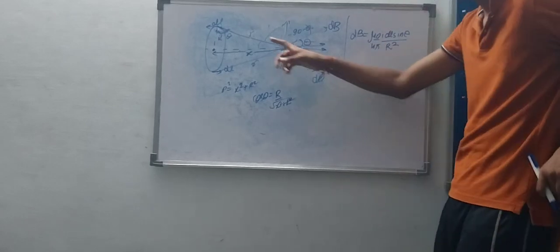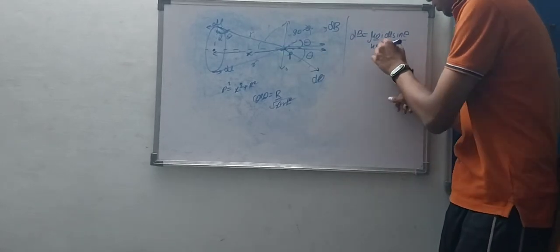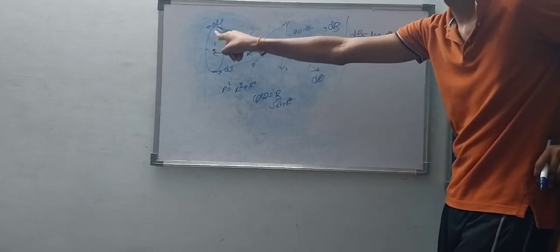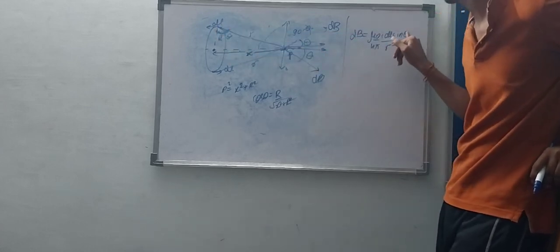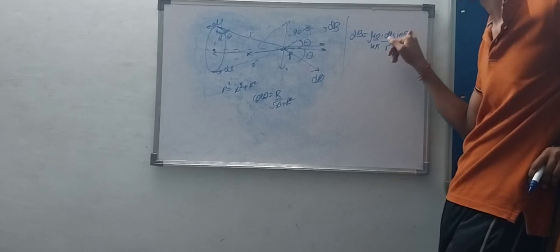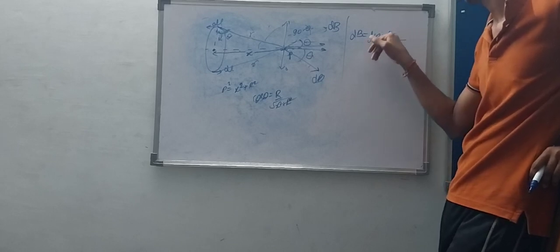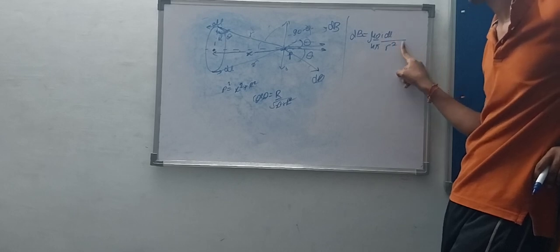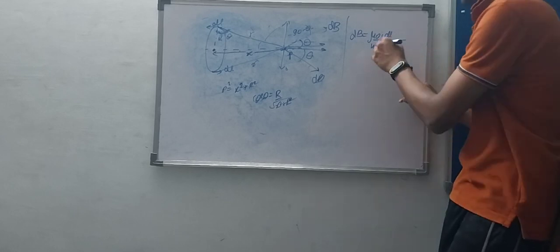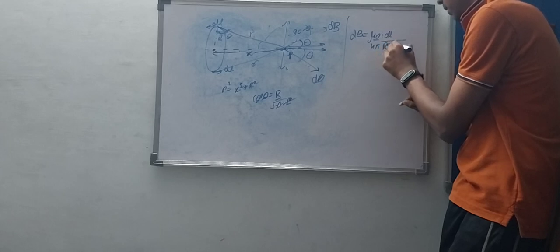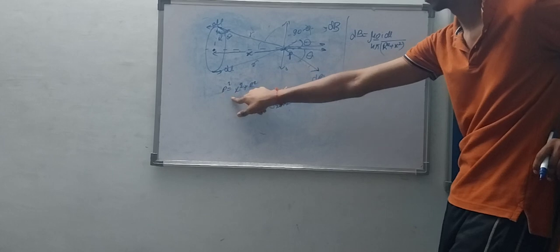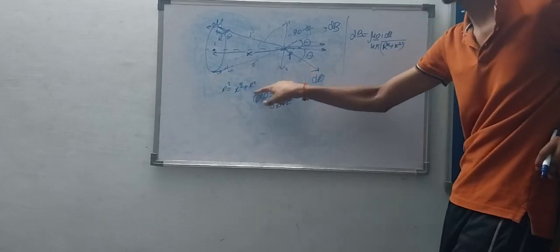Because it's perpendicular, this sine theta will again come as sine 90 and it gets removed. And now this r square we can write as r square plus x square, since from here R square is equal to x square plus r square.